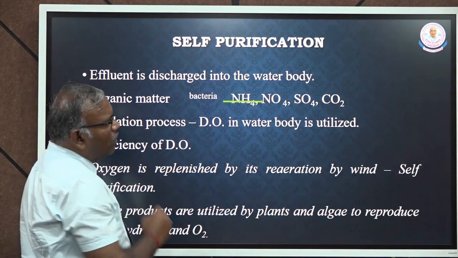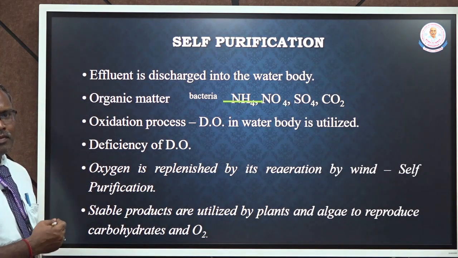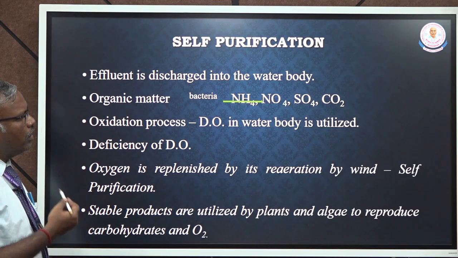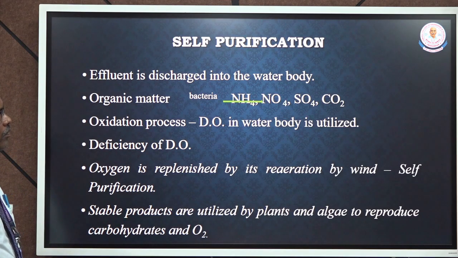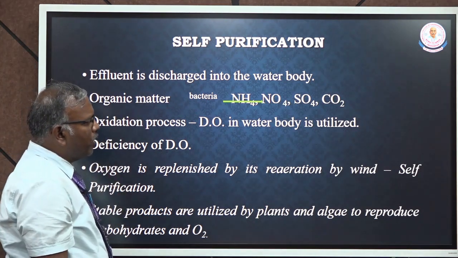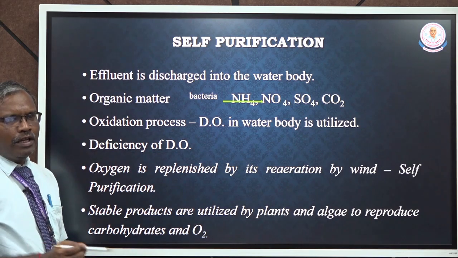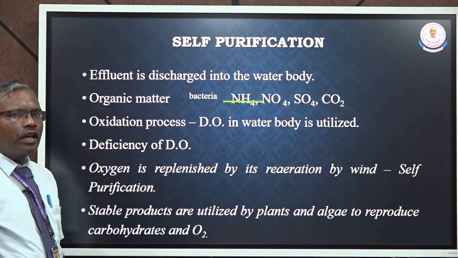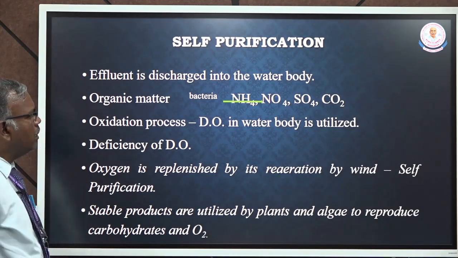Okay, next, the process under dilution, that is, river water has a capability to purify on its own. Once the sewage is disposed into a water body, after a particular distance from the disposal point, it will undergo purification by various factors.